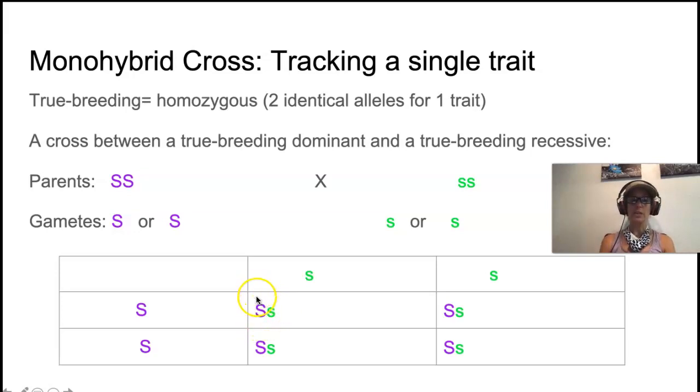But because purple is dominant, this heterozygous seed that has 1 dominant and 1 recessive allele, its phenotype is going to be a purple seed, and it will look just as purple as its parent. We don't get any green seeds out of this mating.